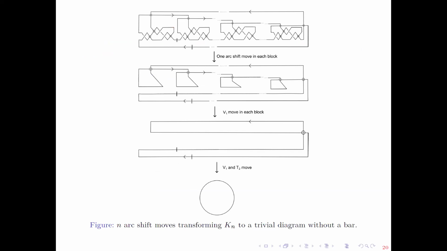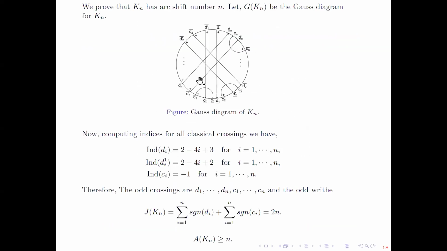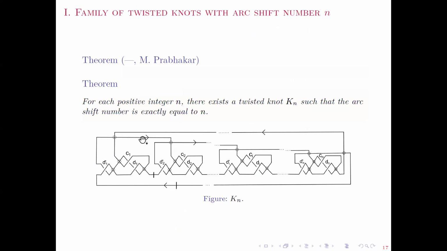Now, one thing we notice is that I have named this knot Kn. If I do that transformation in one block, I get Kn minus 1, which has arc shift number n minus 1. So we are getting an unknotting sequence of knots where at each stage Ki of the sequence, the arc shift number is i.